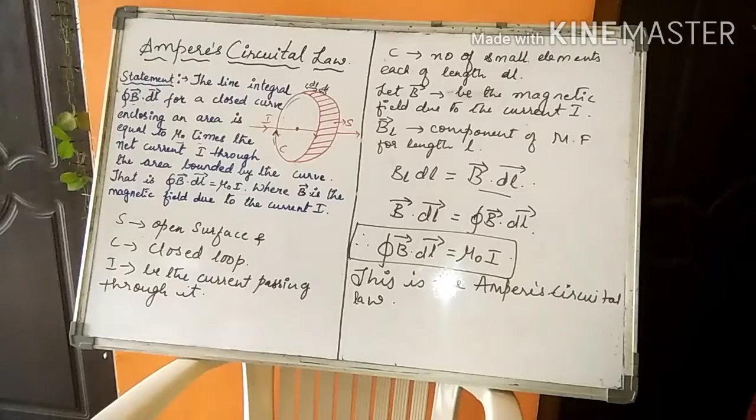It is also called the loop law, and it is an alternative to the Biot-Savart law.